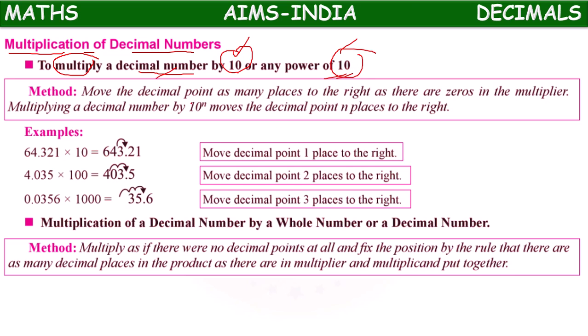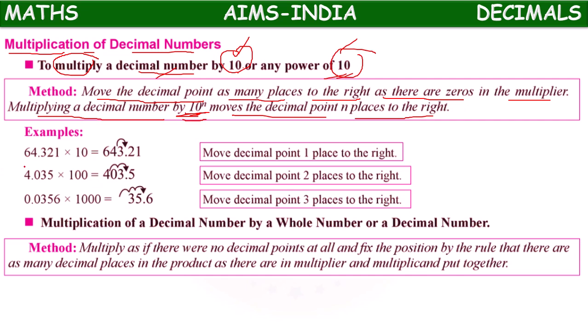So for multiplying with 10 and any power of 10, what we have to do is move the decimal point as many places to the right as there are zeros in the multiplier. Means multiplying a decimal number by 10 power n moves the decimal point n places to the right. So let's try to understand with the help of examples.